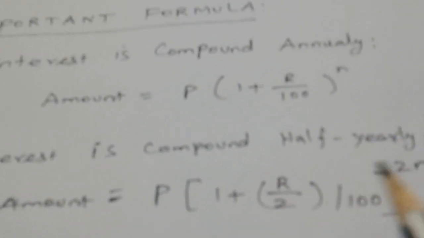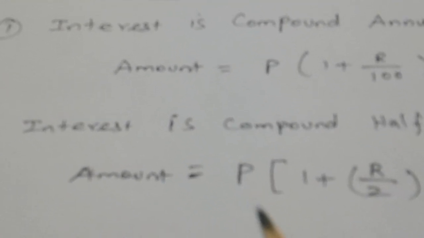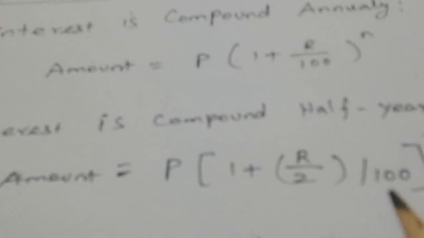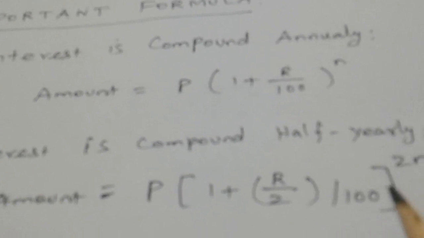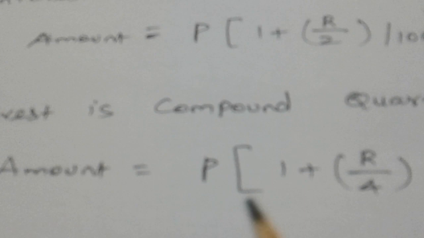The second one is interest compounded half yearly. We write the amount as P of 1 plus R by 2 divided by 100, power 2n, for compounding half yearly. The third formula is interest compounded quarterly. The amount is P of 1 plus R by 4 divided by 100, power 4n.